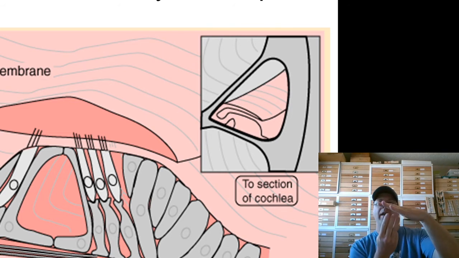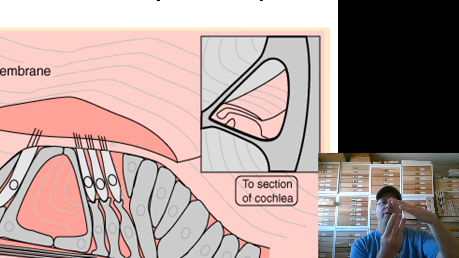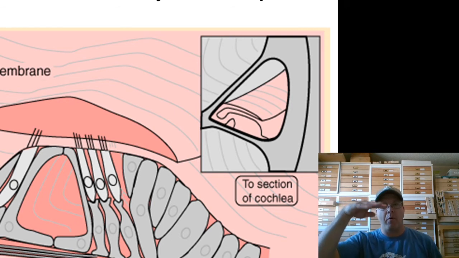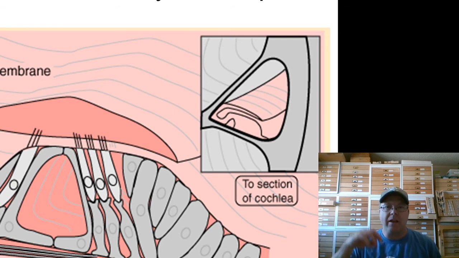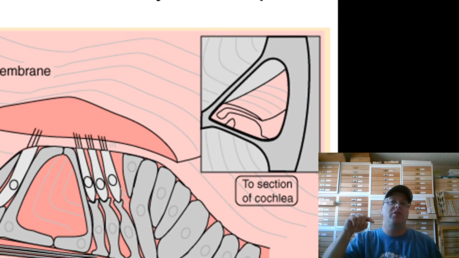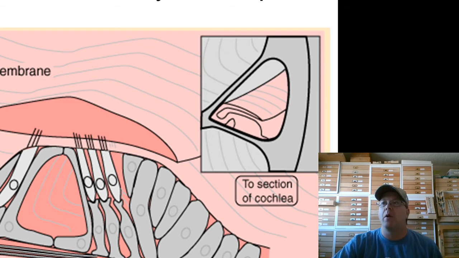When that pitch comes in that is sensitive to that area of the organ of Corti, it's going to vibrate and hit those stereocilial cells. The stereocilial cells are going to pick up that vibration, and it's in those cells that we convert the mechanical vibration actually into a nerve impulse. It turns into an action potential that can go to the brain.